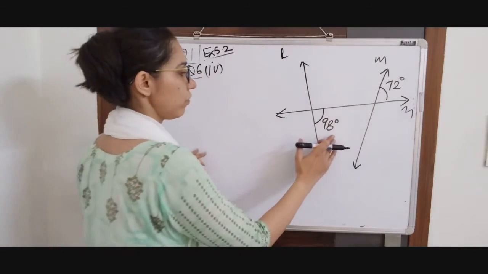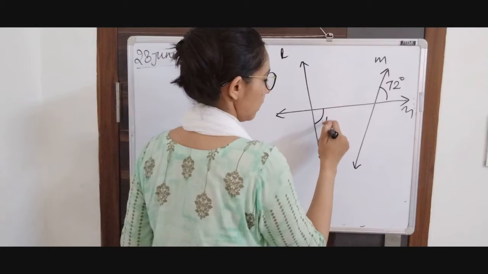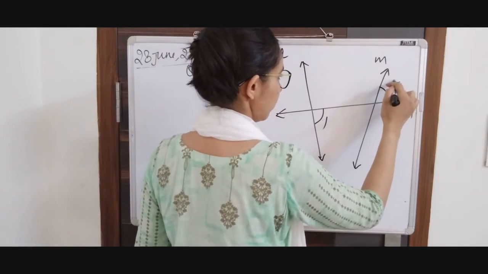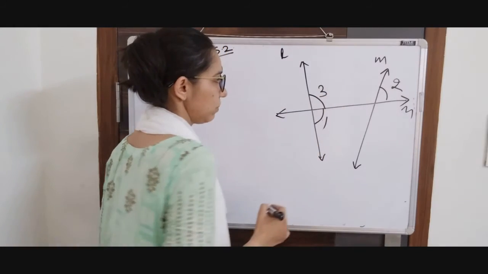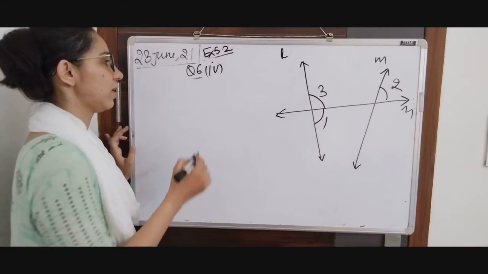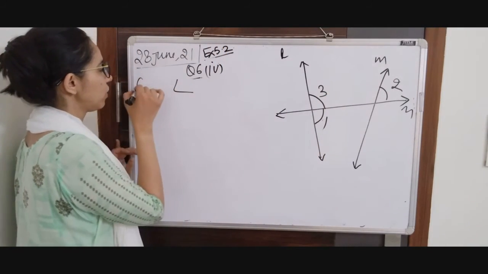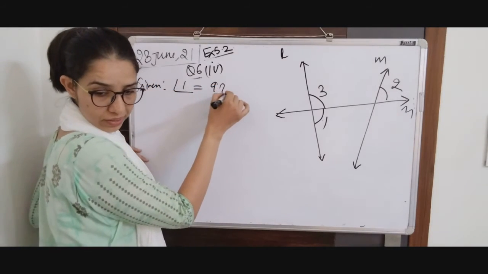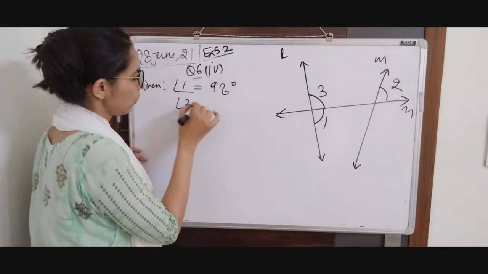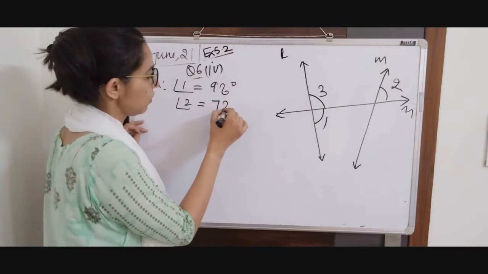What we will do, we will write angle numbers instead of these: angle 1, angle 2, and I will need this angle, so I am going to name it angle 3. Now given is angle 1 is equal to 98, angle 2 is equal to 72.